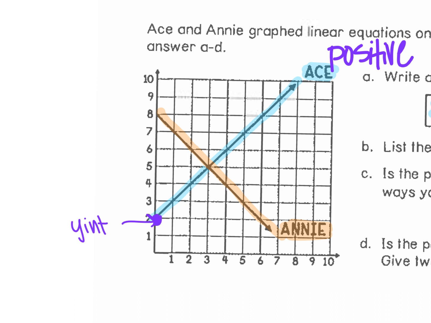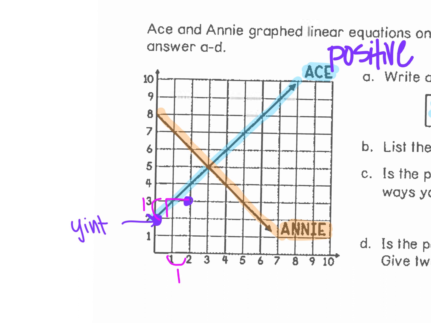Okay. Then remember to get our slope, we're going to find another spot where it crisscrosses in a perfect corner. I can go to that very next box. Connect it with our right triangle. If you go from 2 to 3, you just went up 1 unit. Then sideways, I went from 0 to 1, which is also 1 unit.